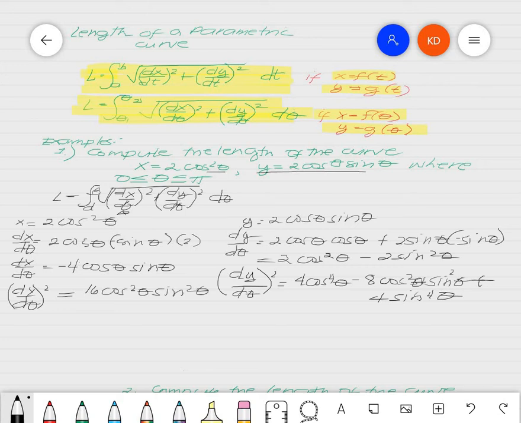By that, we already have dx over d theta and dy over d theta squared, so we can substitute.